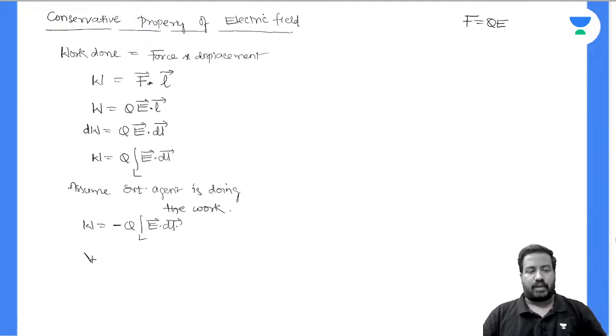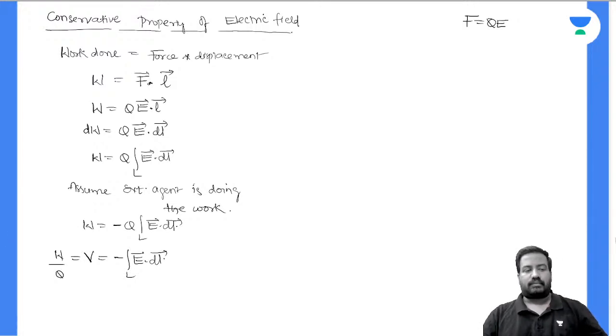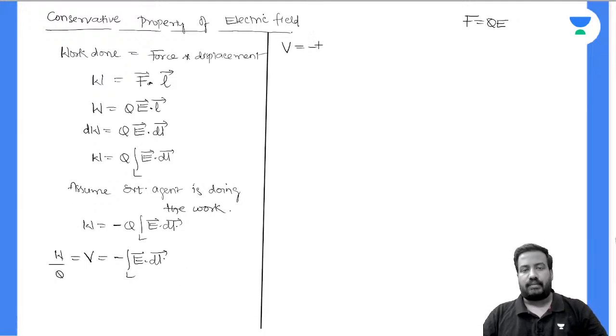If you want electric potential, it is work done per unit charge, dividing by Q. This is minus integral of E dot dl. Therefore, V is equal to minus integral of E dot dl.